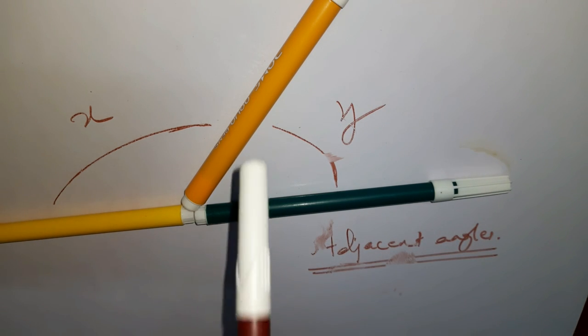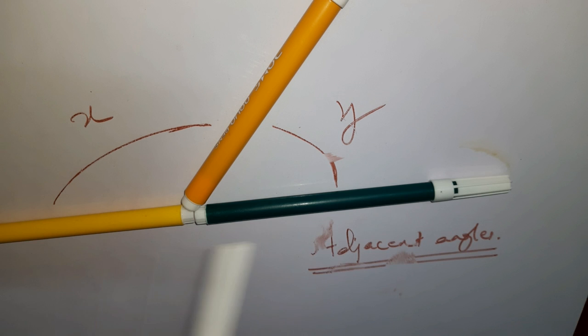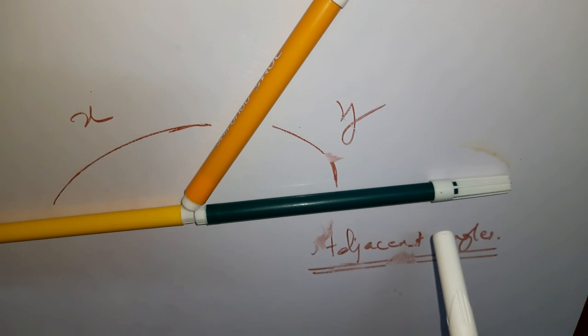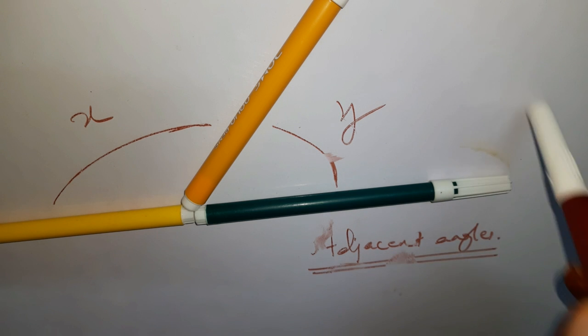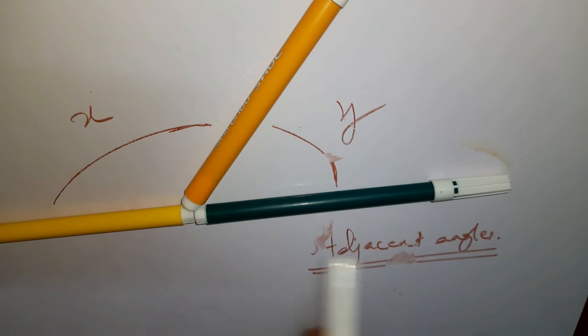Now this common arm remains as such, but when we have changed the position of this green sketch pen, we have brought it into this form, and we have seen that these two non-common arms are now opposite to each other.